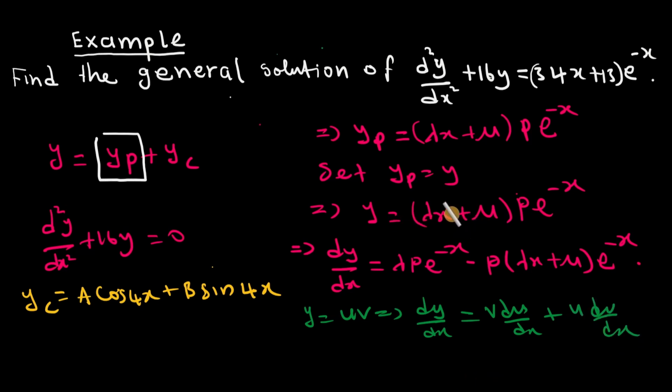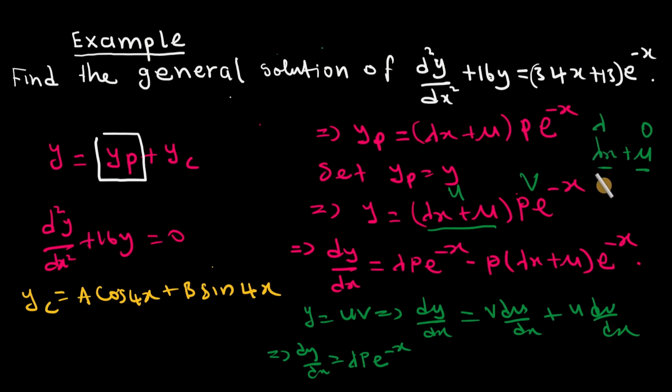From this equation, if we take u to be this, lambda x plus mu, and v to be p e to the minus x, then dy/dx will be equal to v, which is p e to the negative x, times the differentiation of lambda x plus mu, which is lambda. To differentiate lambda x plus mu, I have to differentiate term by term. When I differentiate mu, which is a constant, I have 0. When I differentiate lambda x, I'll have lambda. And then lambda plus 0 is the same as lambda. So that is why this lambda is here.